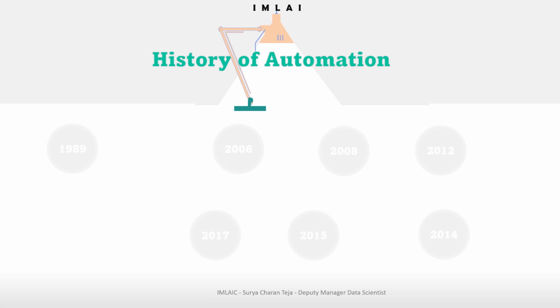Based on this tool popularity perspective, I would like to make you understand the history of automation. And this is how the automation world evolved and also got adopted into the DevOps movement.